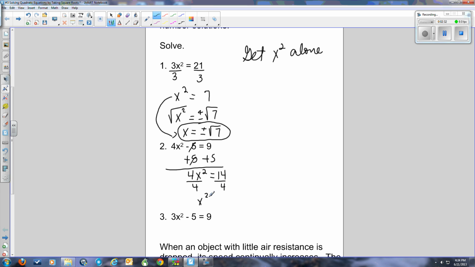So I have x squared equals 14 over 4. Now, we want to get x by itself. So basically, we're going to take the square root of that number. So x is going to be equal to plus or minus the square root of 14/4.